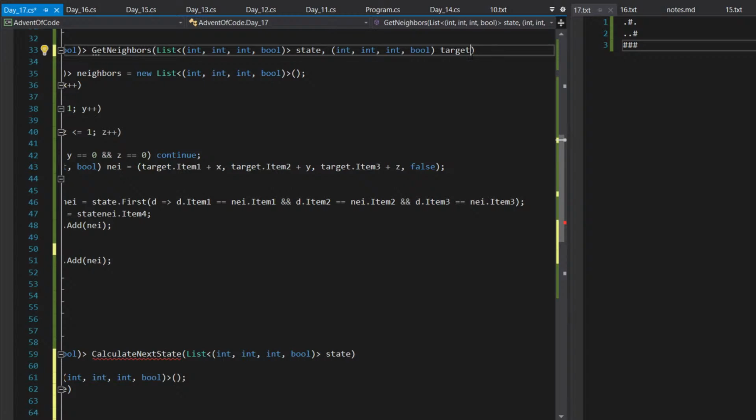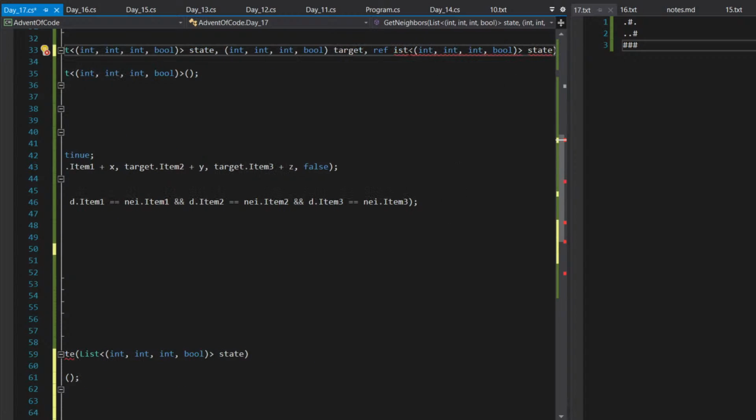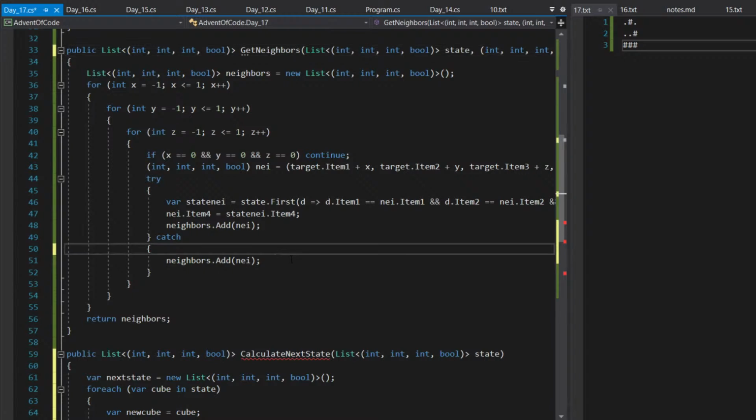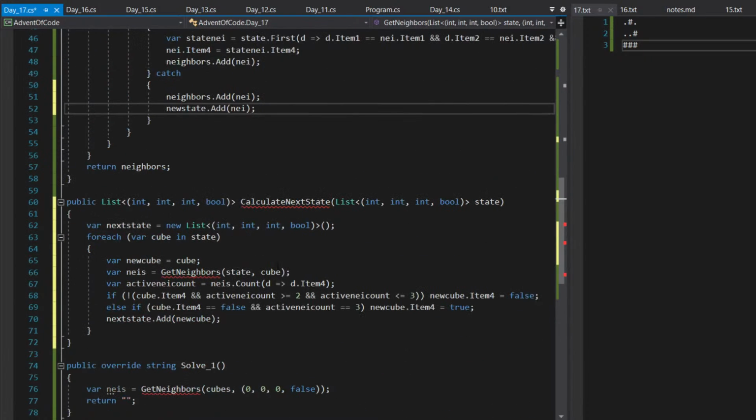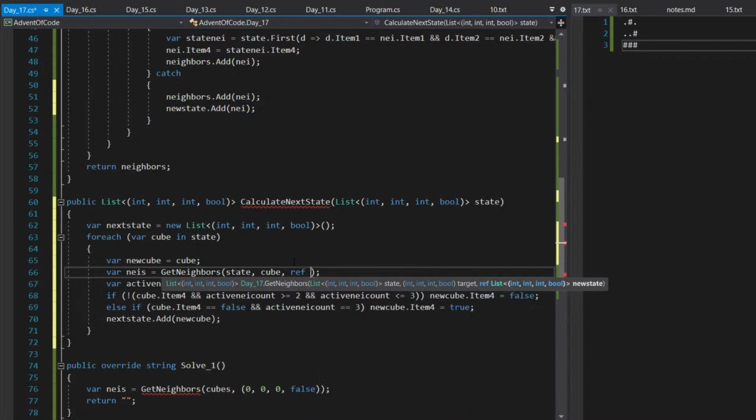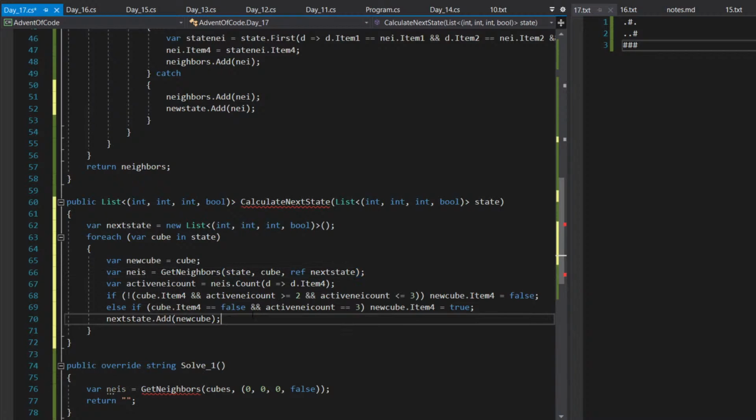Instead, I'll reference a new state. Okay. There we go. So our next state should contain the new cubes.